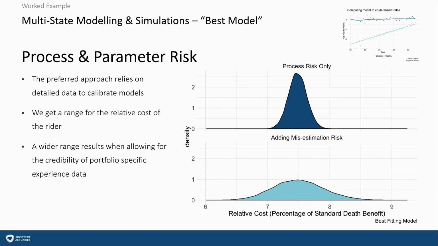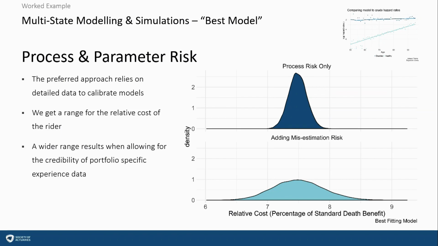More than that, you have to remember that we've used a limited data set, a limited sample of data, to estimate parameters, and there's a risk that that sample wasn't representative, and those parameters themselves can only yield so much of the truth. So if we go one step further and incorporate the process and misestimation risk into our simulations, we get a much flatter distribution with a wider range of possible relative costs, but once again, essentially for free under this kind of continuous time paradigm.